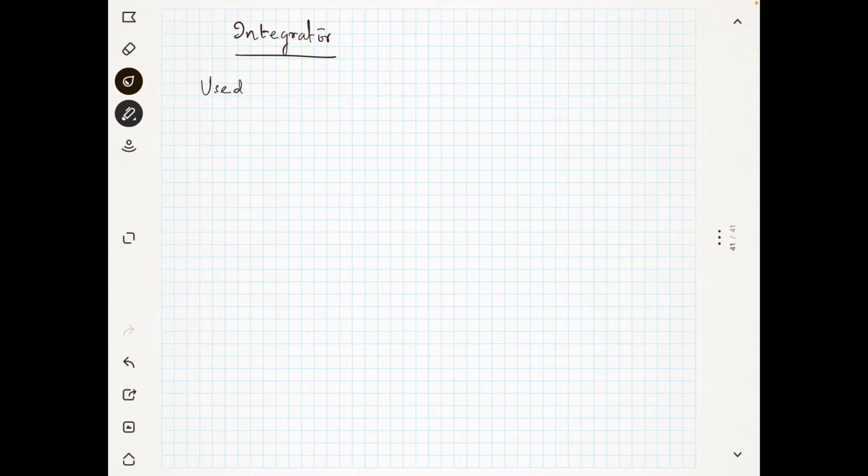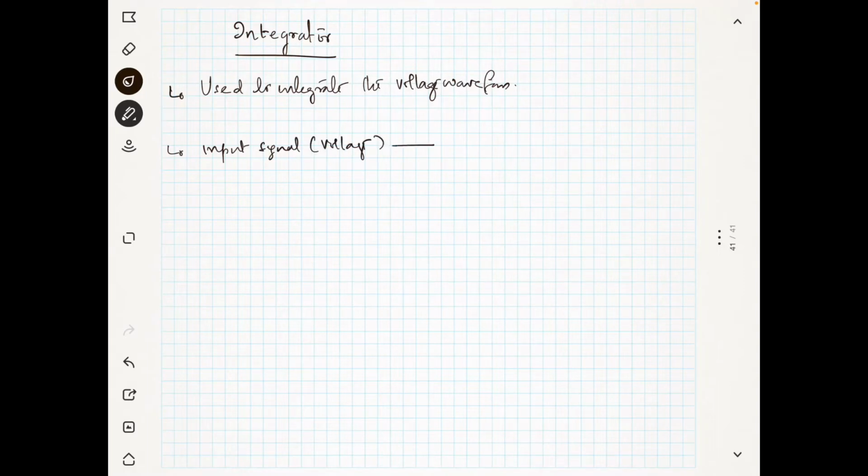the voltage waveform, we can say. So you will be giving some input signal, which is basically a voltage waveform, and it will be passed through the integrator.